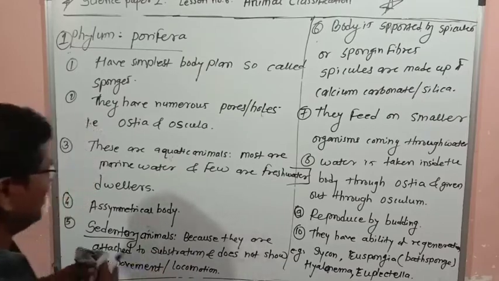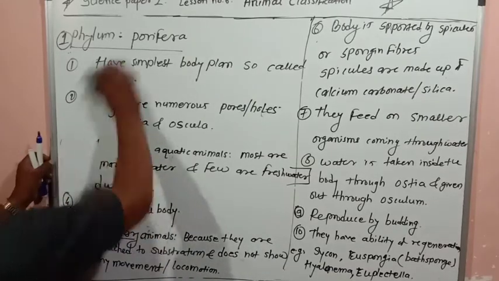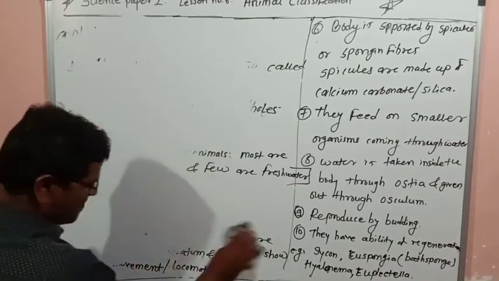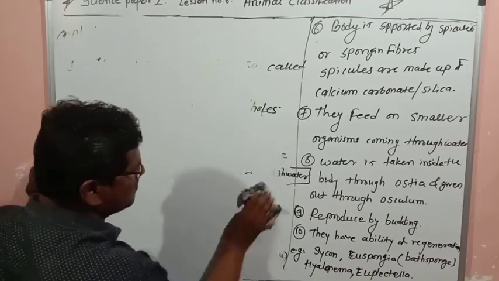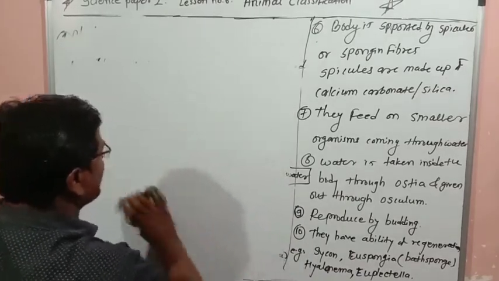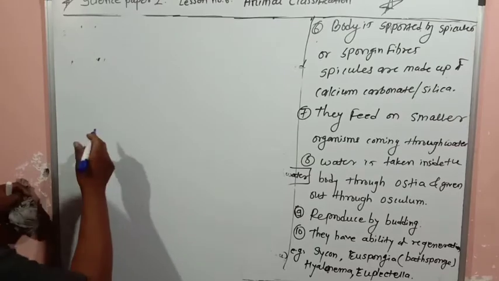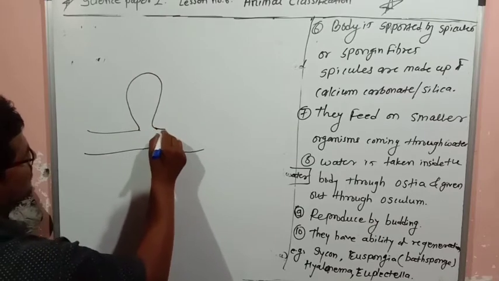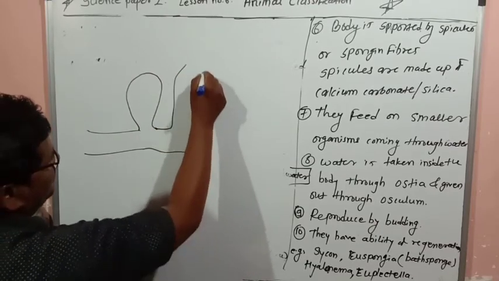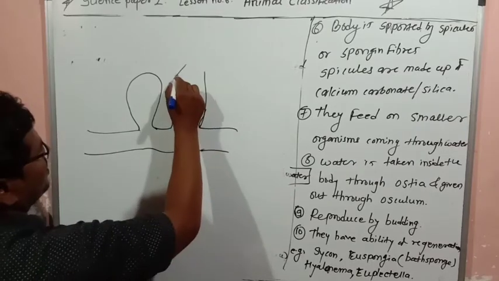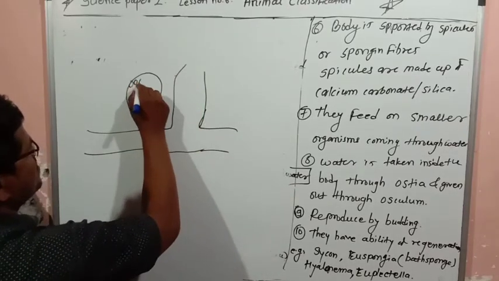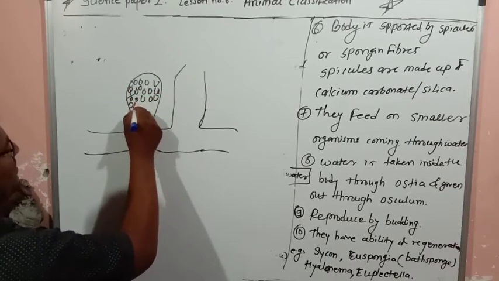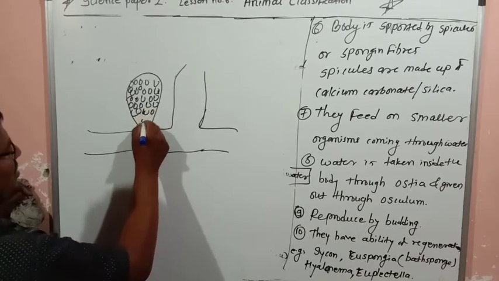So I will draw a diagram on this side. Easy diagrams are there. I will draw only one diagram. You can take it like this way. Many holes are there on their body, pores are there on their body.